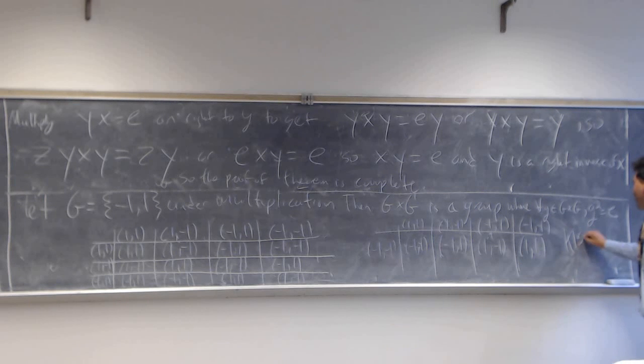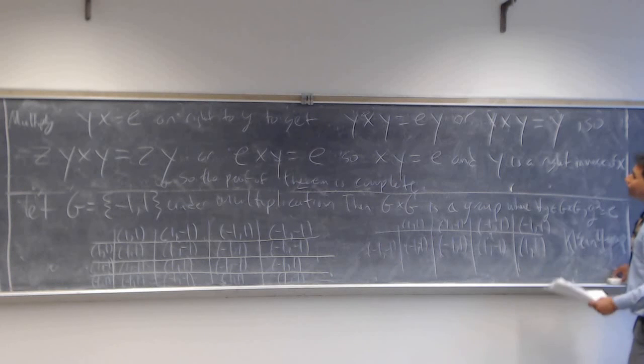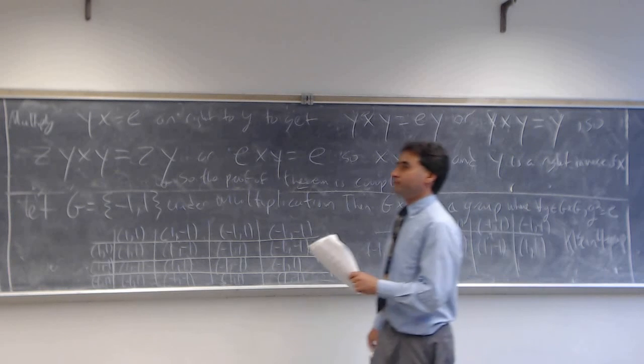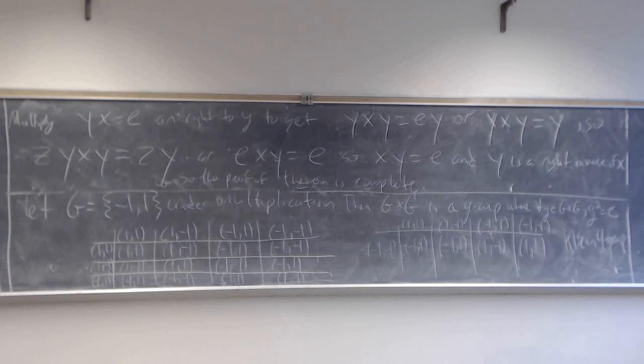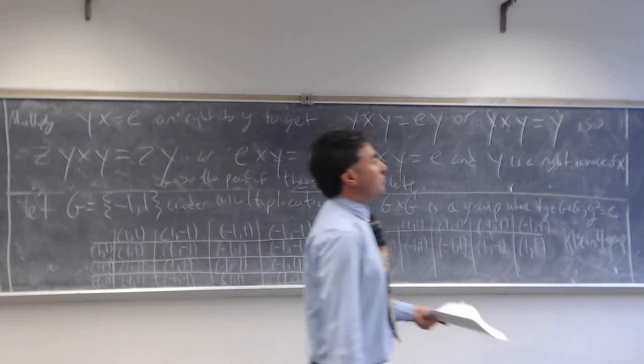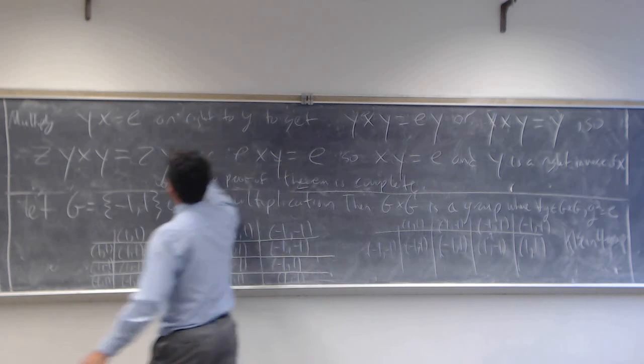So this group is sometimes called the Klein 4 group. It's a very famous 4-element group. It's abelian. Every element is its own inverse. And then I'll write this on the board again with that product group. If A and B are both abelian groups, then A cross B has to be abelian as well.